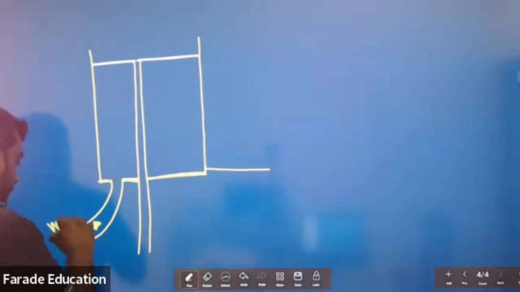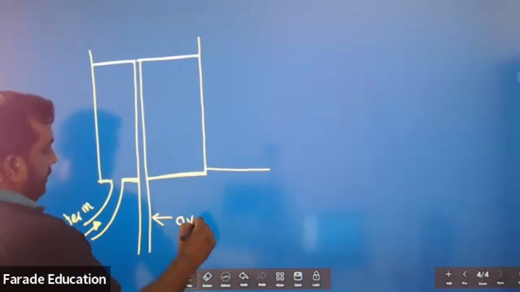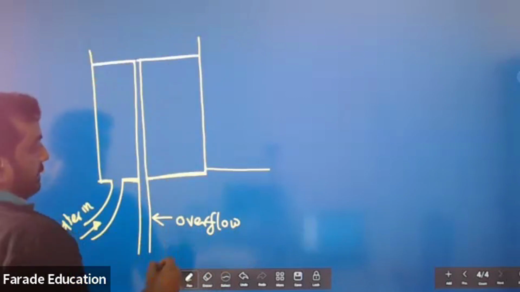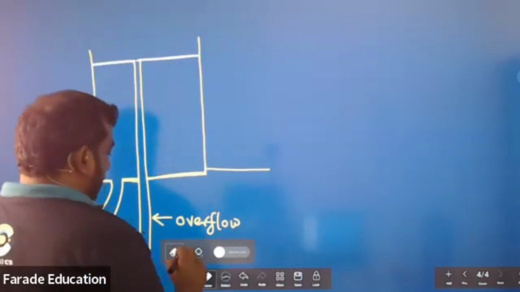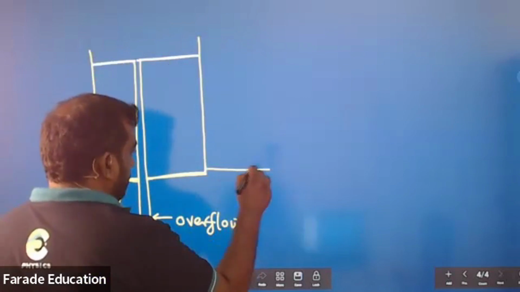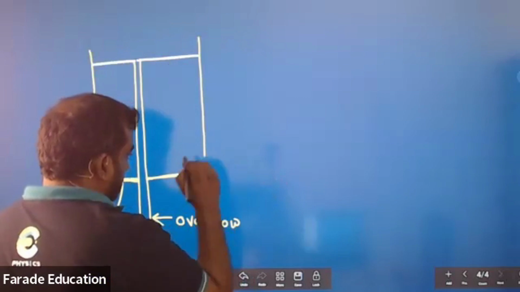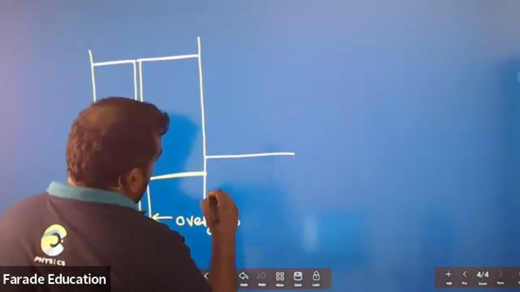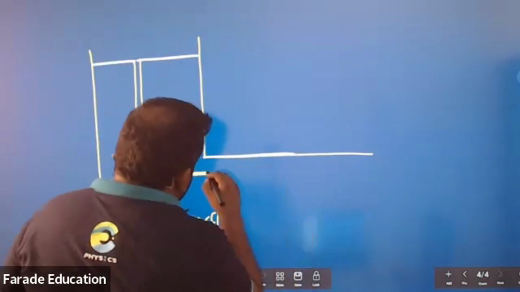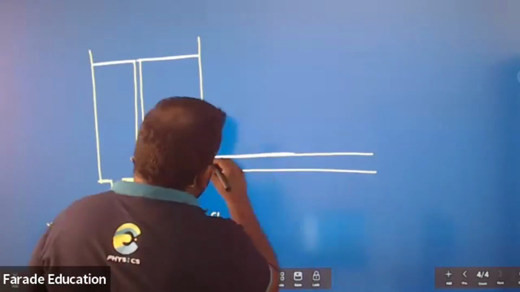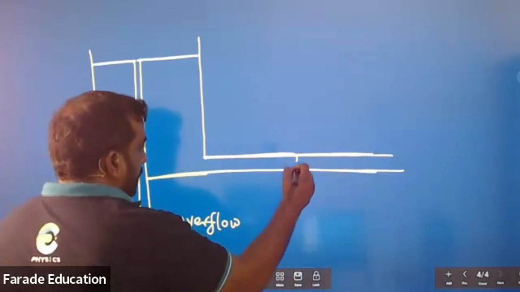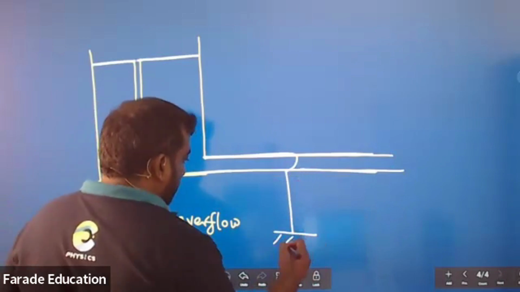Water in. This is the overflow. That means we always try to maintain this height. Then we have a capillary tube connected here. Here we can draw a stand.